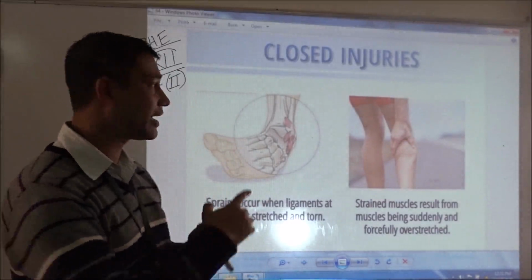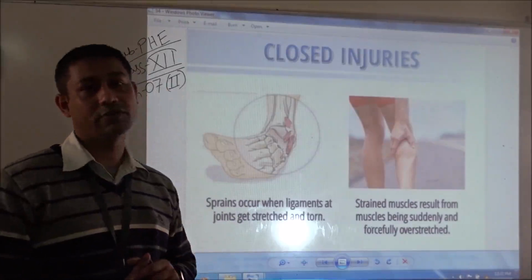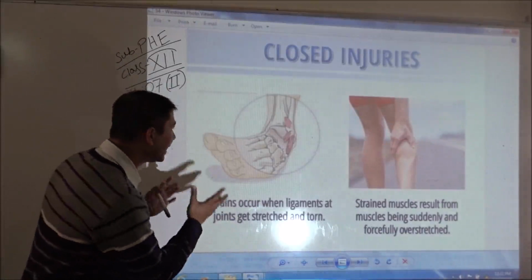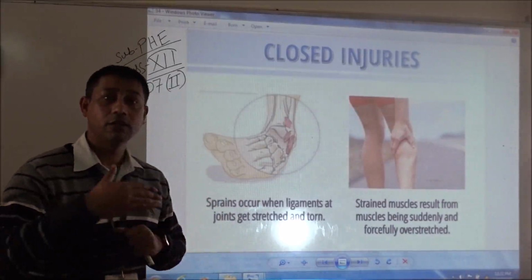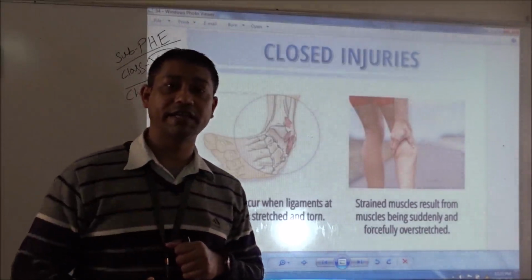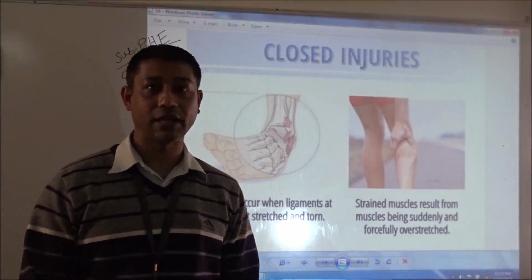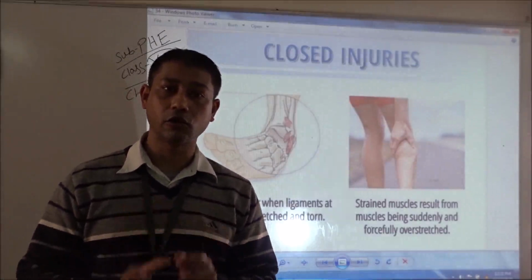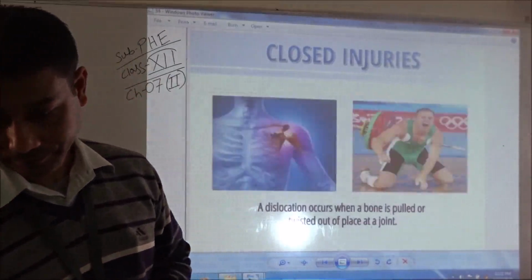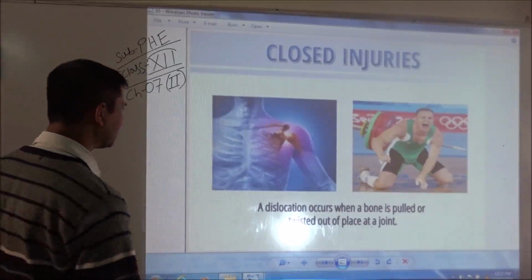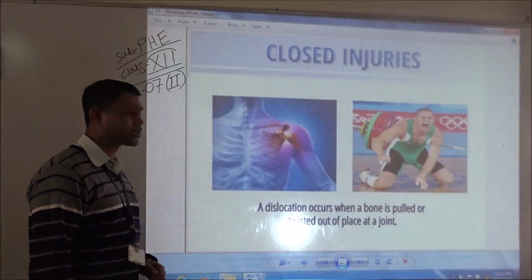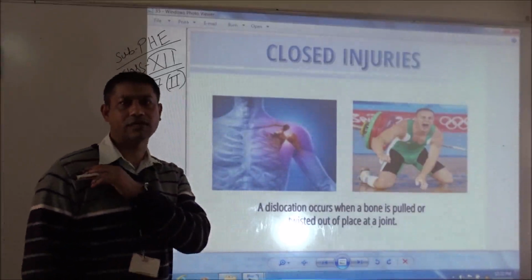That is why they are called closed injuries. There is no bleeding occurring on the superficial layer of the skin, the topmost layer of our skin. They are all called closed injuries. Another example, you see dislocation occurs at the shoulder joint.